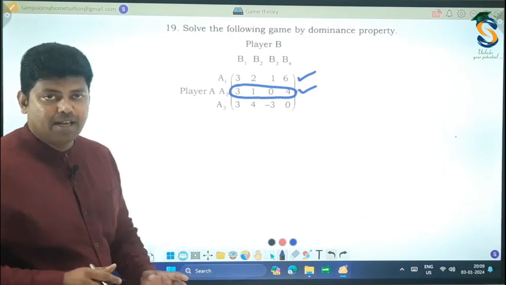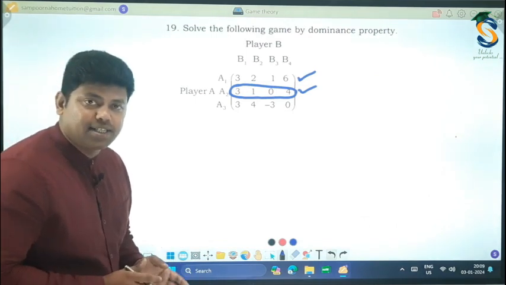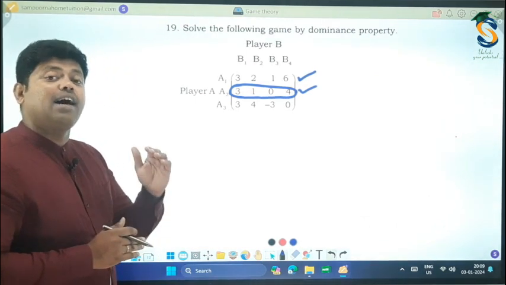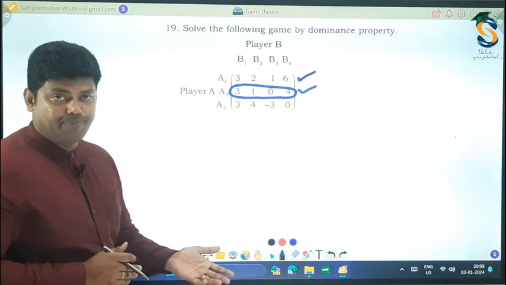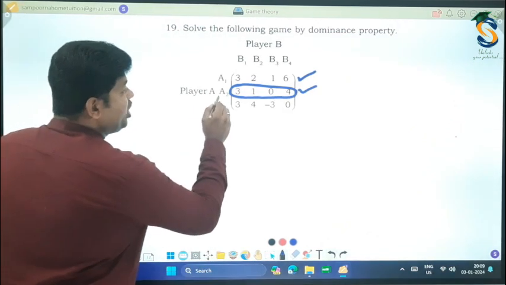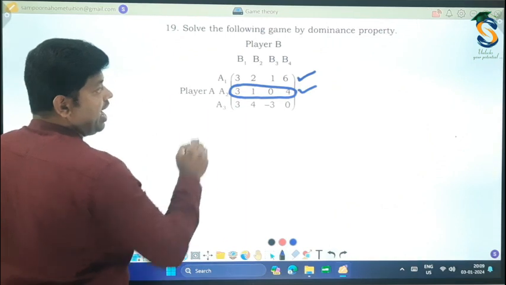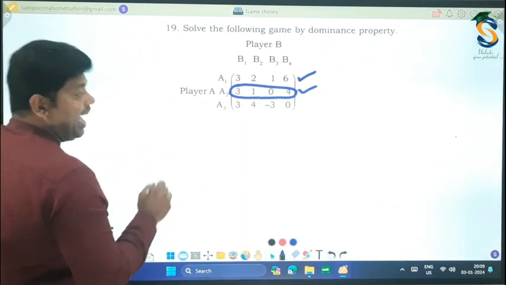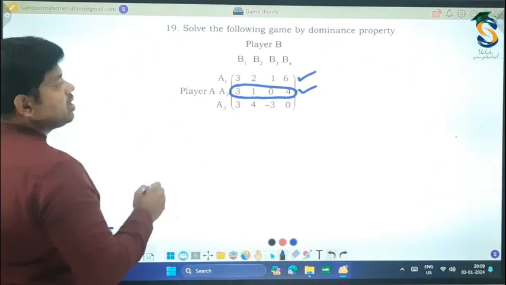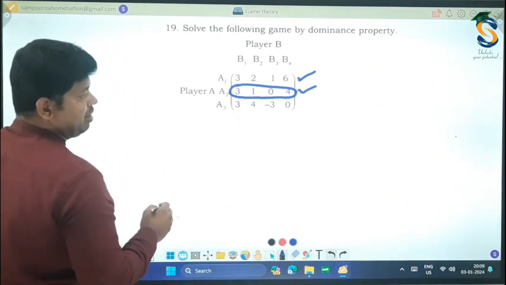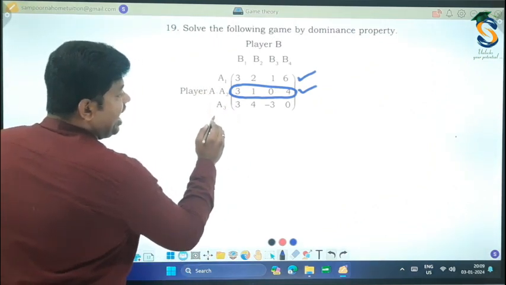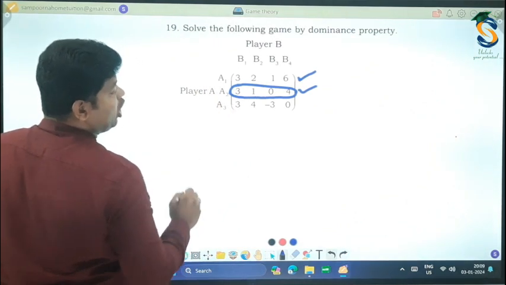Very simple. When it is column wise, you need to delete the bigger column. In this, A2 is smaller, A1 is bigger. Hence, I am deleting A2. The reduced matrix will be A1 and A3, as A2 is deleted already.